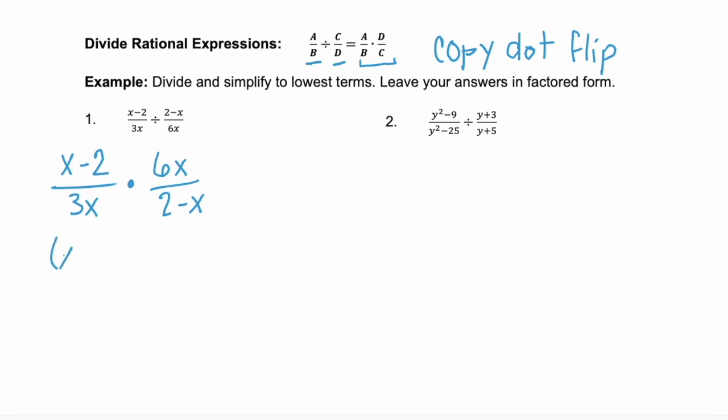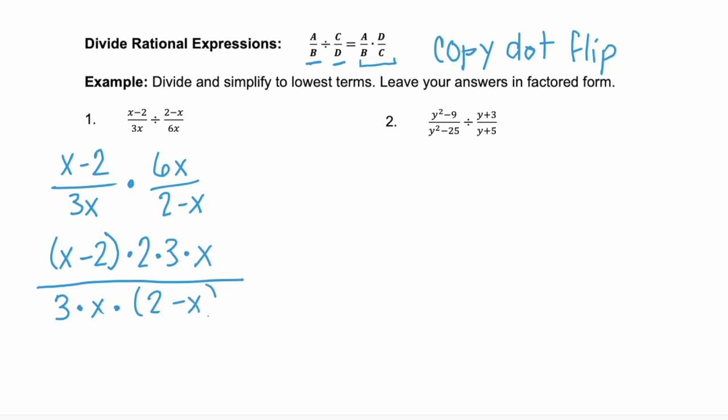So everything here is really factored. It's x minus 2. We could factor 6. 6 is 2 times 3, and then it's also times an x. And then our denominator would be 3 times x times 2 minus x.